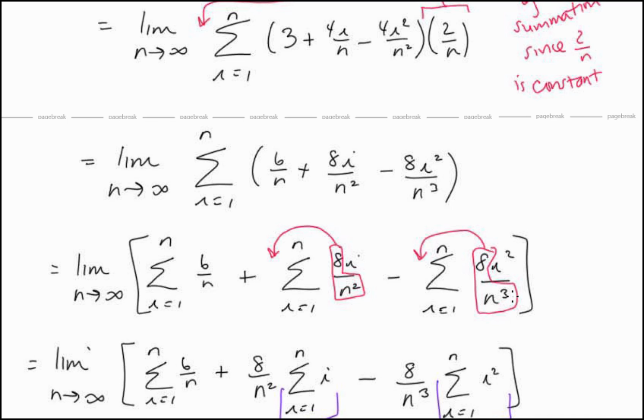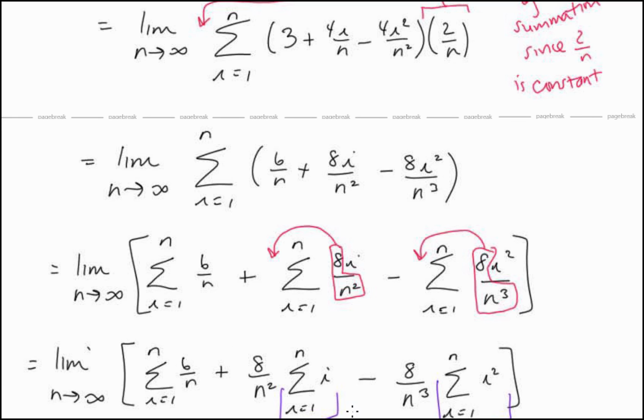Now, as we mentioned before, the 8 over n squared and the 8 over n to the third here, those are just constant multiples. i is the index of the summation. The 8 over n to the third is just a constant multiple, and that can come outside, just as the 8 over n squared can here.